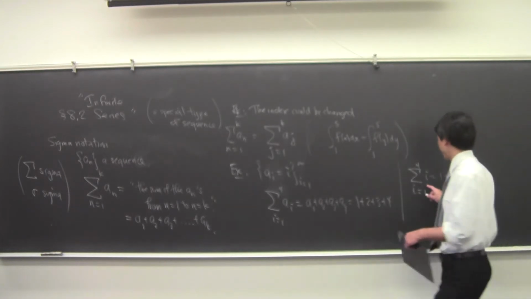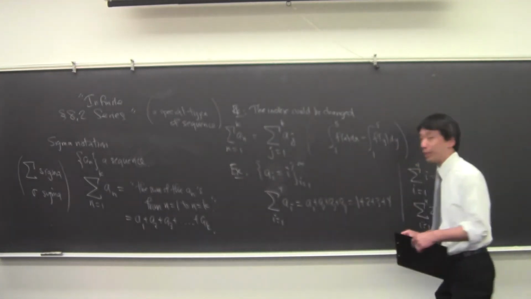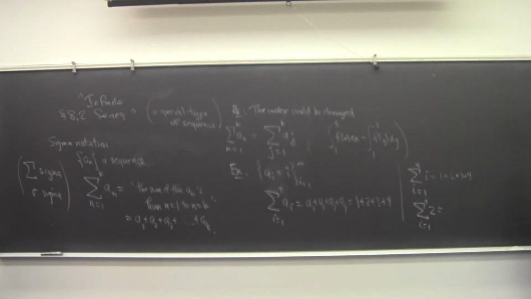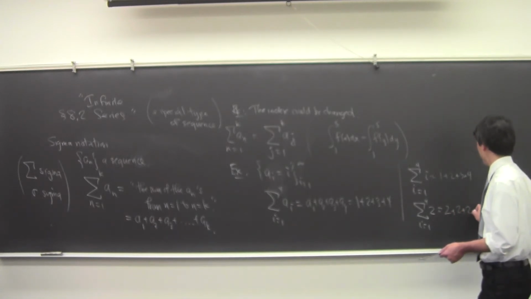If I write summation of 2 from i equals 1 to 4, what does that mean? What do you think that should mean? Well, it means that your sequence is just 2, a sub i is 2. So you just add 2 plus 2 plus 2 plus 2. So this is 8.